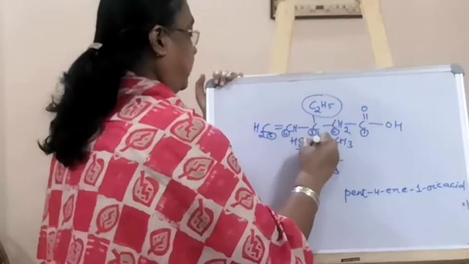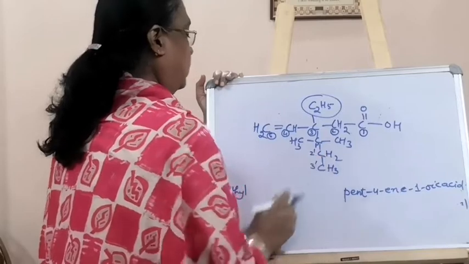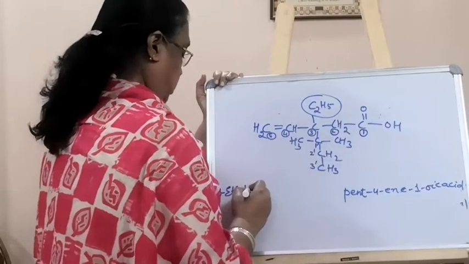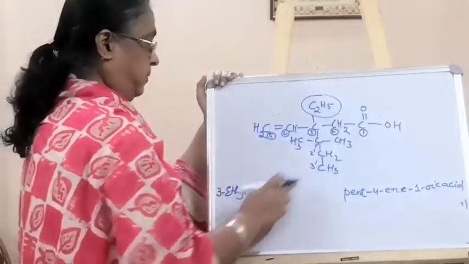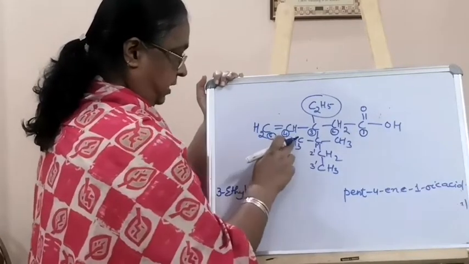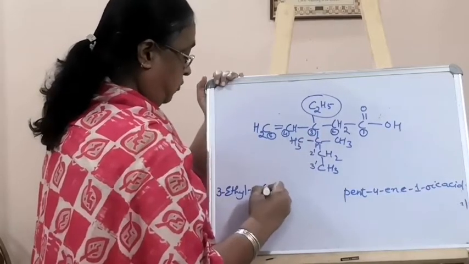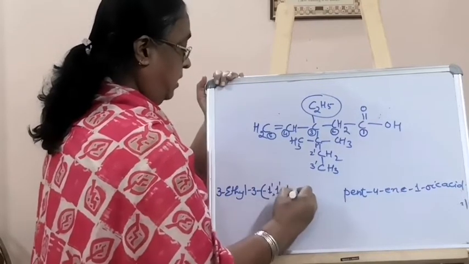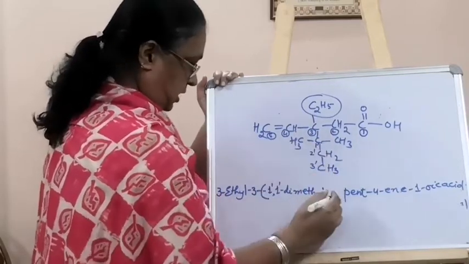So the branch also we will number 1, or you can put a dash, 1 dash, 2 dash, 3 dash. And these are 1, 2, 3 dashes, they are at 3. So we have at 3 in bracket. This whole thing is a further branch, so it will be written in bracket. What is it? We have at 1 dash this side methyl, that side methyl. So 1 dash, comma, 1 dash, dimethyl, and this whole thing is what?